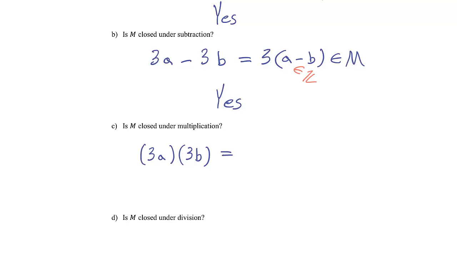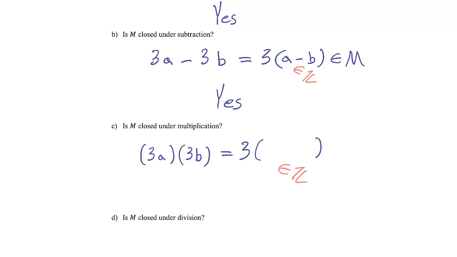So the question is, can we write this as 3 multiplied by some integer to give us a multiple of 3? So we want whatever we put inside of this bracket to be an integer.